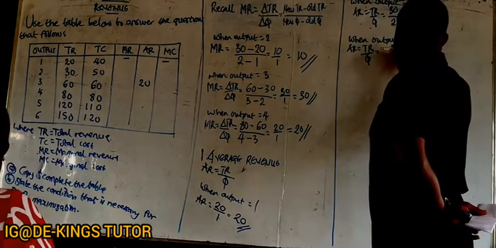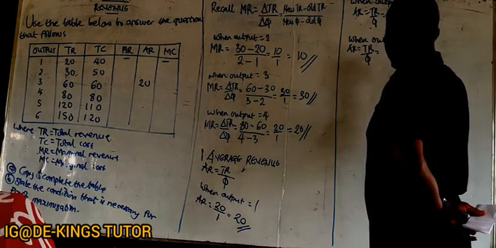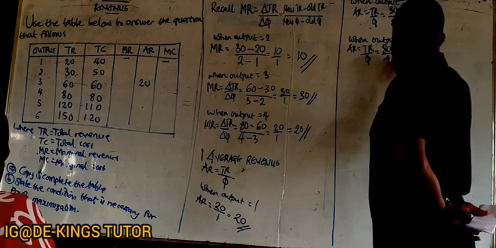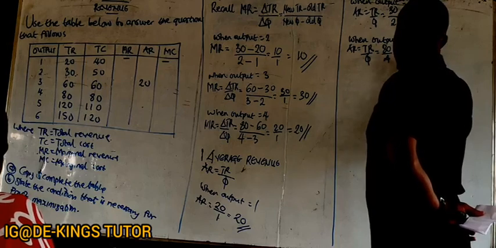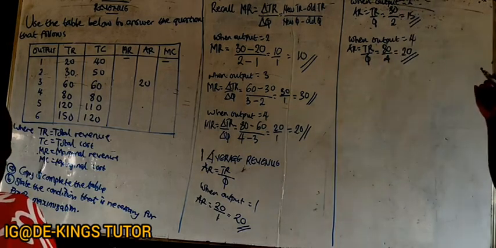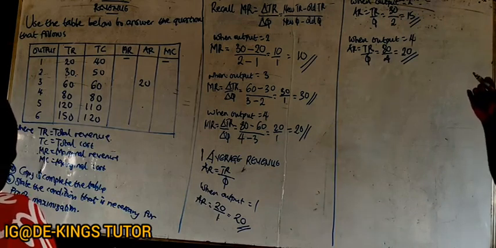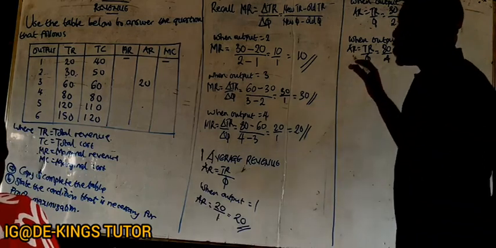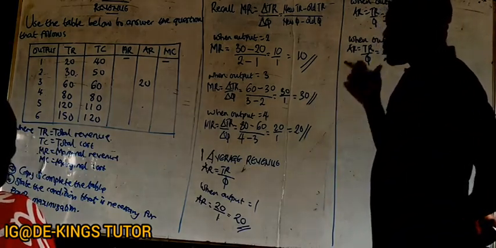What is my total revenue when output is 4? 80, divided by quantity, 4. So 80 divided by 4 is 20. Any question? So you can do when it's 5 and when it's 6. So that is for average revenue.